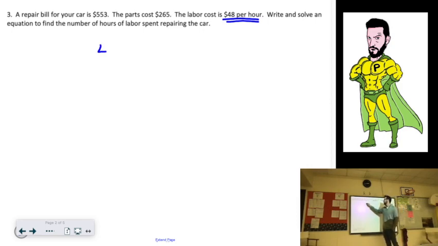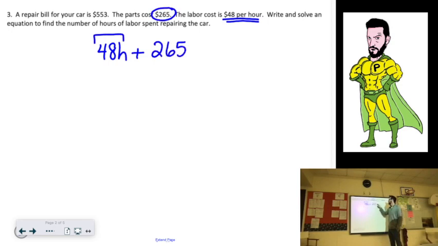So we could take $48 times the number of hours. That's how much we're paying just in labor. We also have to pay for the parts. The parts were $265. So here's what I'm paying in labor, plus I also have to pay for the parts, and it came out to a total of $553.